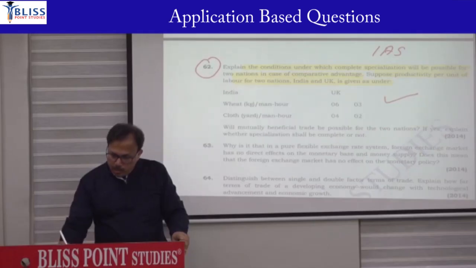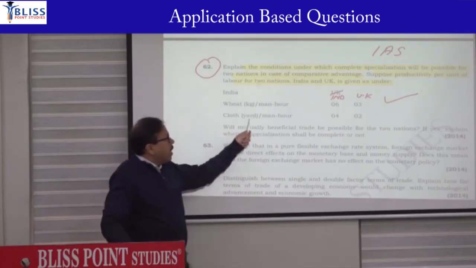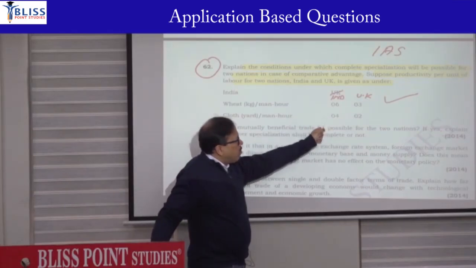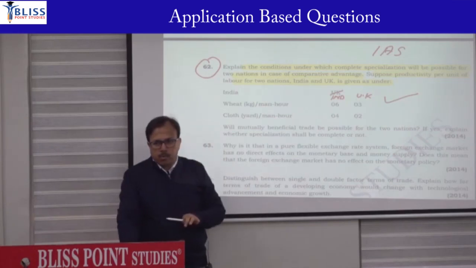ठीक है, इसको रीड आप ऐसे करोगे. This information is for India and this is for UK. In India it is 6 and 4, but point is that ये जो 6, 3, 4 या 2 number है, is it the same thing that you have written ALC, LW? Is it the hour?